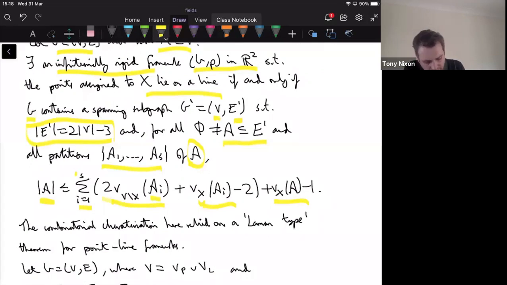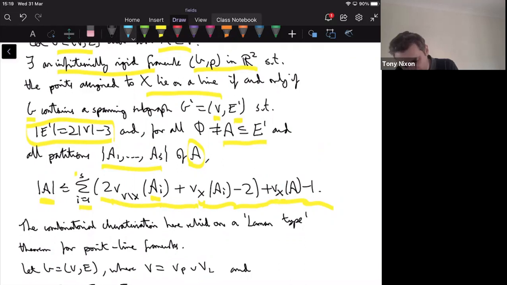And I don't want to spend any time going into the details of why this is quite the right combinatorial count. The one thing I'll try to say to give you a flavor of it is that in some sense what we're doing is taking the cycle matroid.